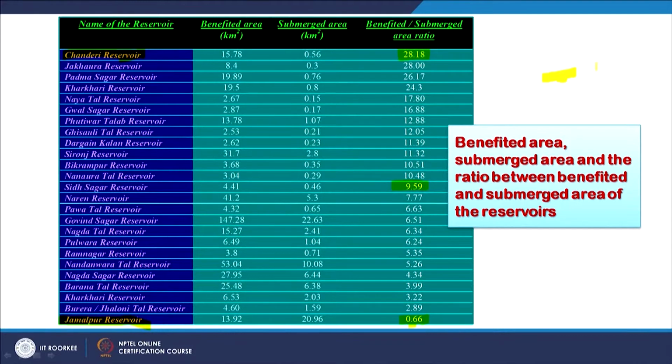Now, in the vicinity, if a reservoir is located here, then there are possibilities of constructing a reservoir elsewhere, and I know what kind of return I am going to have. So, 28 times is a very good return in terms of benefit area in that particular area. Even 10 times is in no way bad. Such benefit versus submerged analysis can be done before any such structures are constructed.